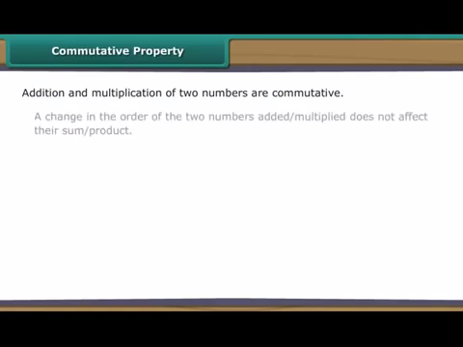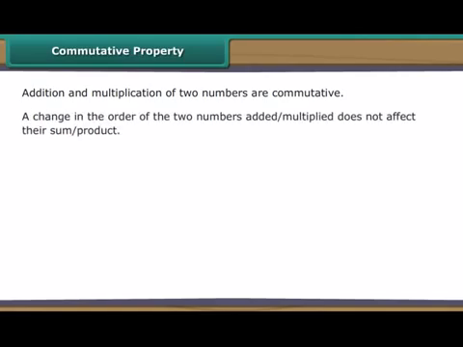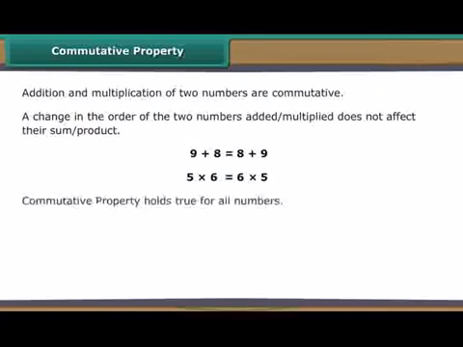In other words, a change in the order of the two numbers added or multiplied does not affect their sum or product. 9 plus 8 is the same as 8 plus 9. 5 into 6 is the same as 6 into 5. The commutative property holds true for all numbers.